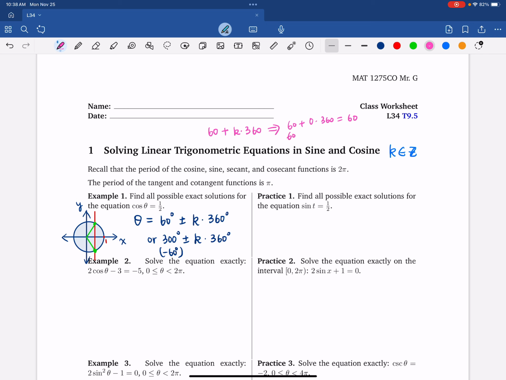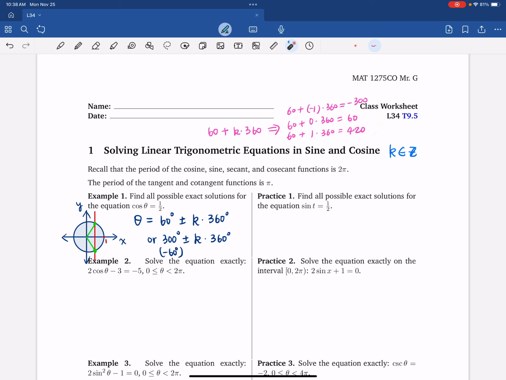Or you could do 60 plus 1 times 360, which would give you 420. But you could also do 60 plus negative 1 times 360, and that will give you negative 300. So these 3 angles are all equivalent to 60 degrees.